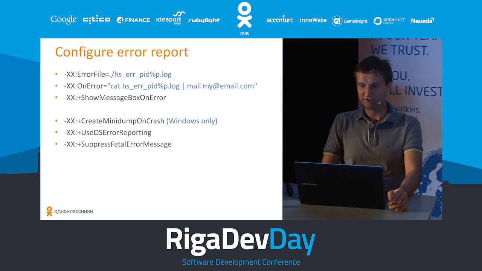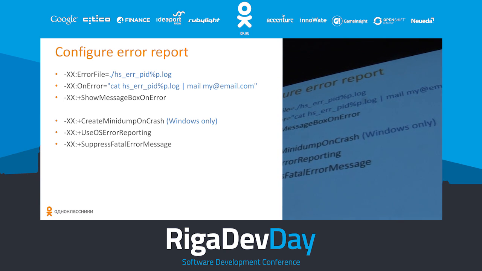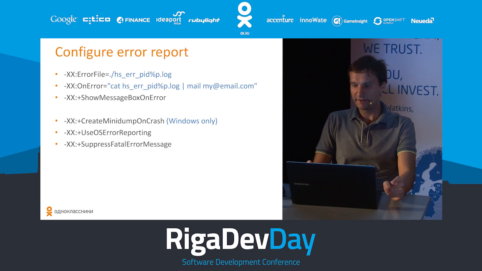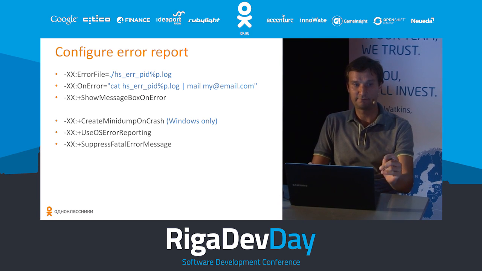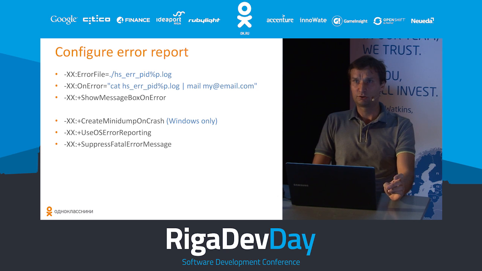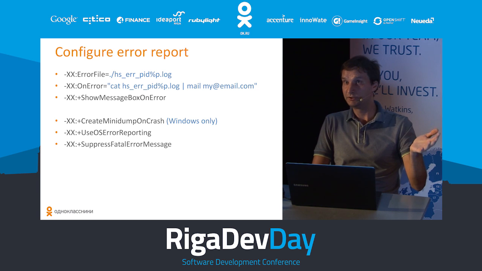At the end of my presentation, I would like to give you a few hints on configuring the error reporting. First of all, you can change the path where the reports are saved using the ErrorFile JVM option. %p is substituted by the current process ID. Furthermore, you can configure your JVM to automatically do something useful with error reports, for example, email it to the lead developer.